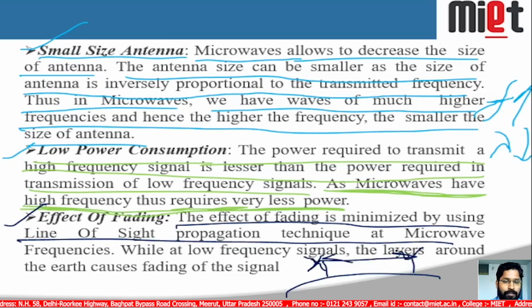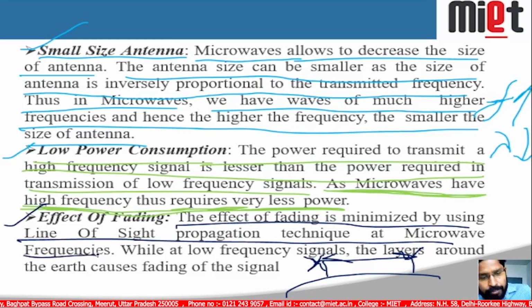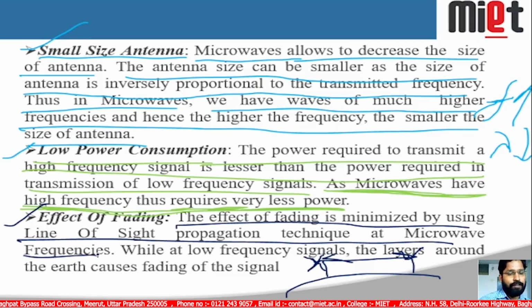Both antennas are in line of sight. While at low frequency, the layer around the earth causes fading of the signal, and more losses occur due to the curvature of the earth.